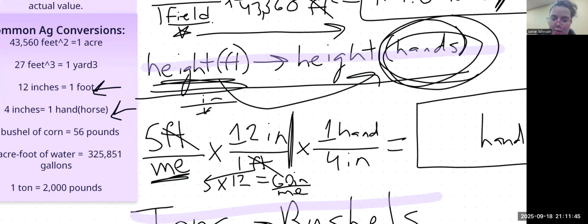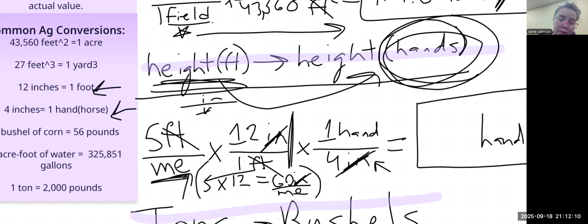And we put inches on the bottom like we did here. And we put it over 1 hand. So that means that this inch goes away, that inch goes away, right? And if we're going to do this the long way, that would go away, this would go away in our second step. This is just a rewriting of what's up here.